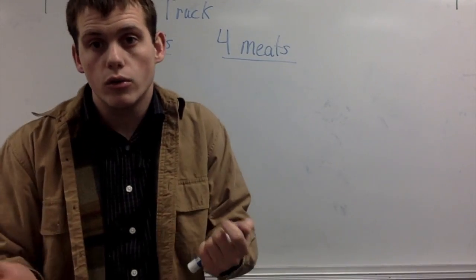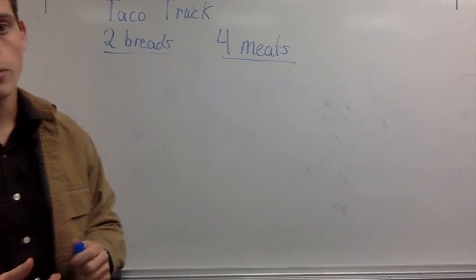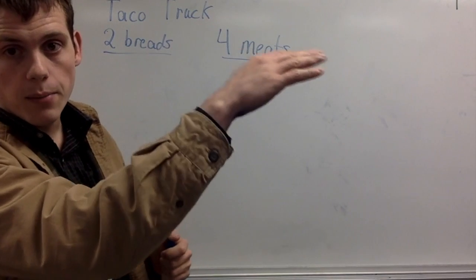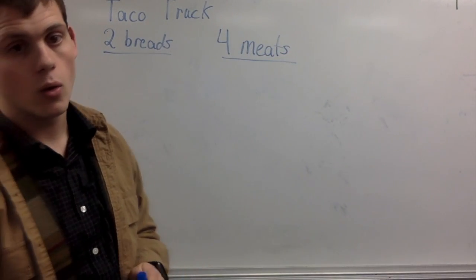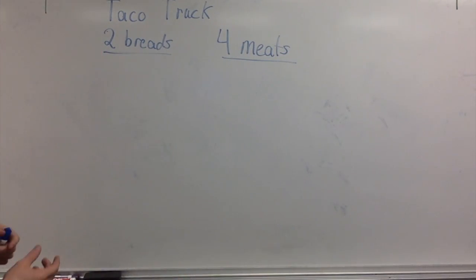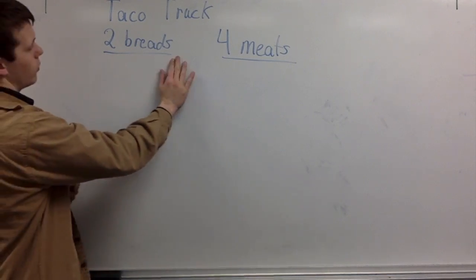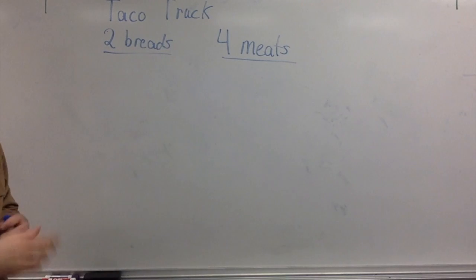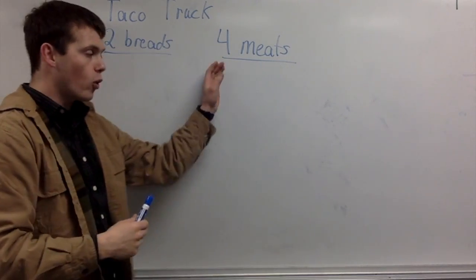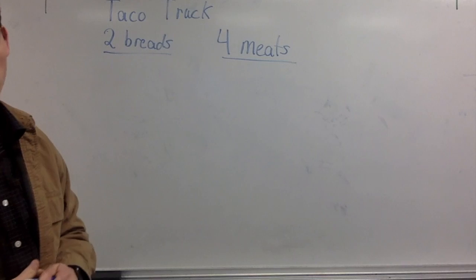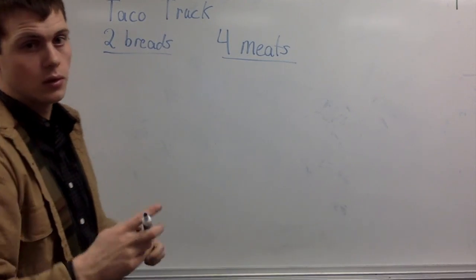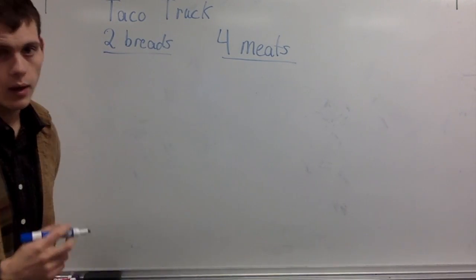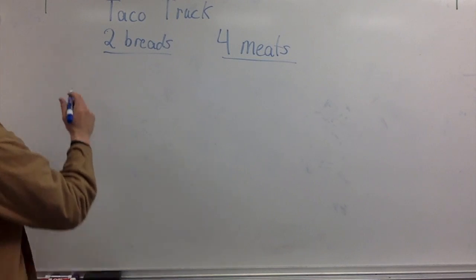So let's look at a taco truck. This will be a good example to show all the sample space, or all the things that can happen. So, we have 2 breads provided by our taco truck, if you read your paper. We have 4 meats that are provided by our taco truck. Now, we're trying to figure out how many different outcomes there are.